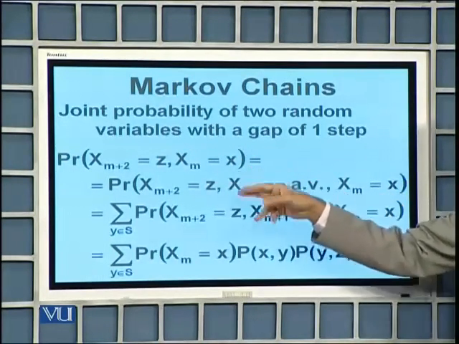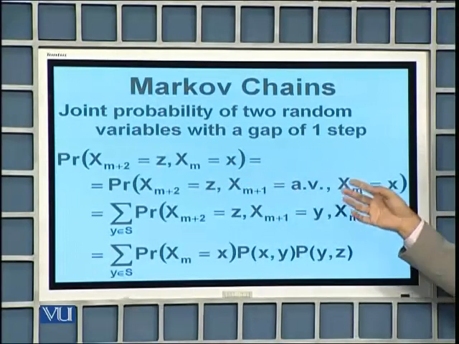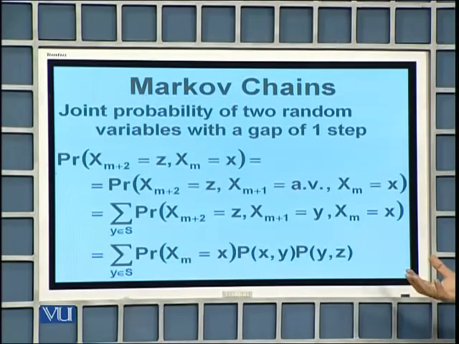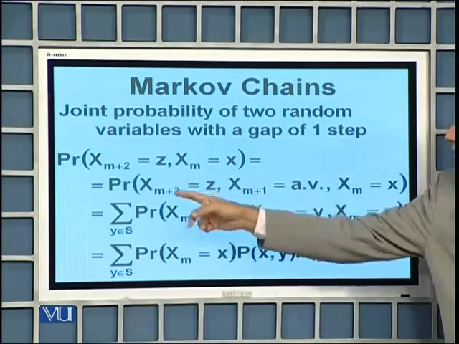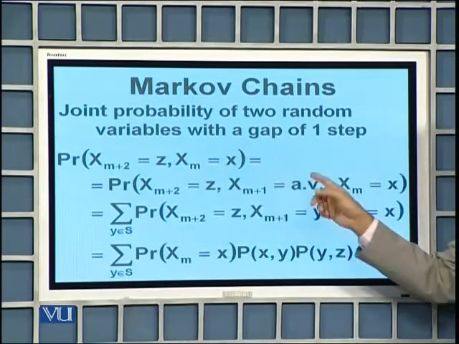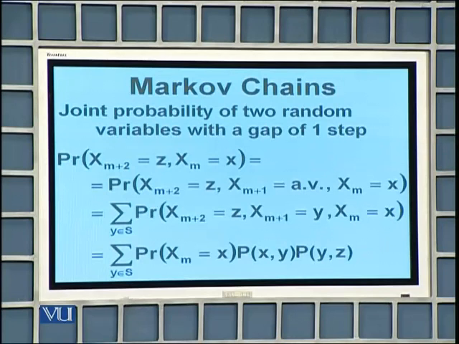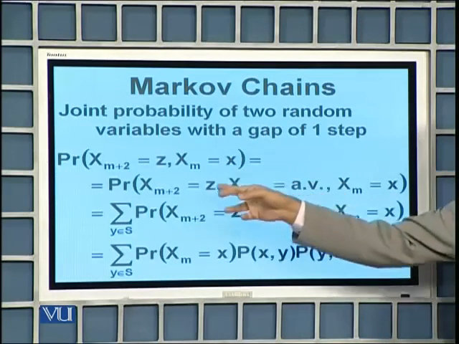And when Xm+1 takes on all the values which it can possibly take, the whole state space, then this probability of three random variables taking on certain values can be converted to a sum, that is, a partitioning of the sample space. I already talked about this partitioning concept in previous lectures, so this is just a repetition of that.